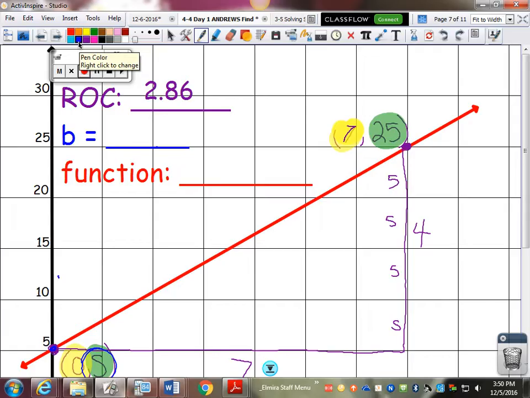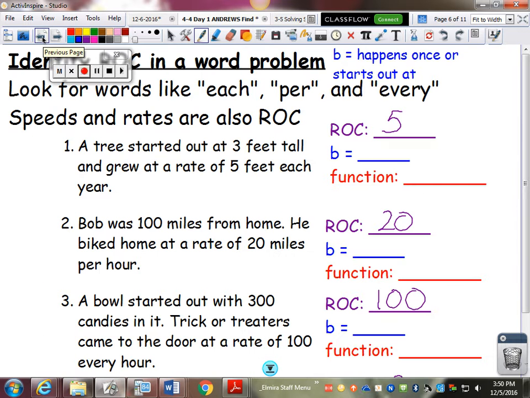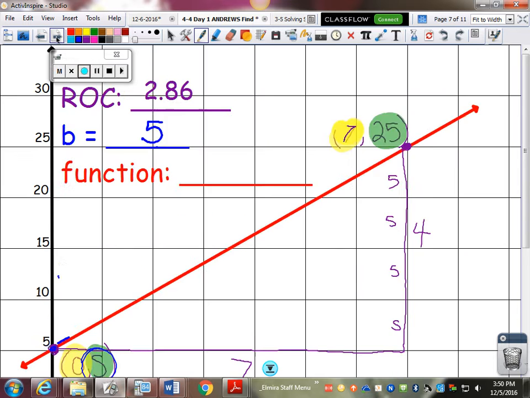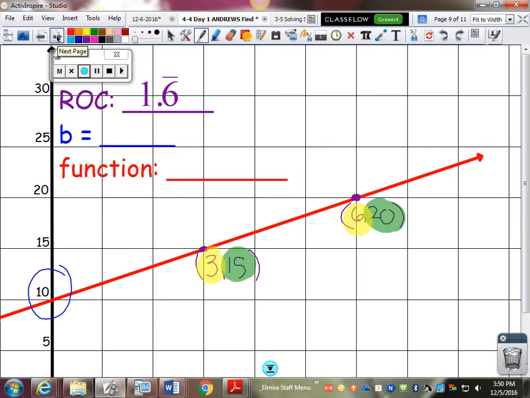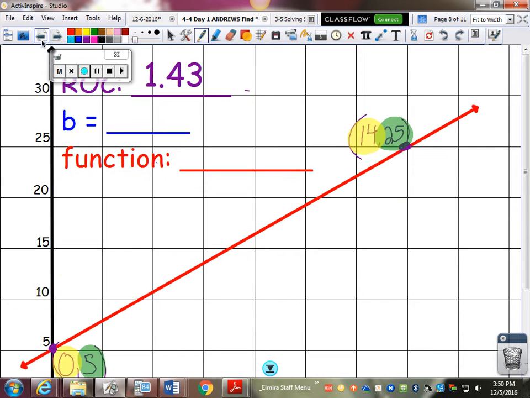And all you're looking for is to follow the line to where it crosses the y-axis and put that number. It crosses at 5, so that's your b. Okay, second graph on the notes, I'm following this down.